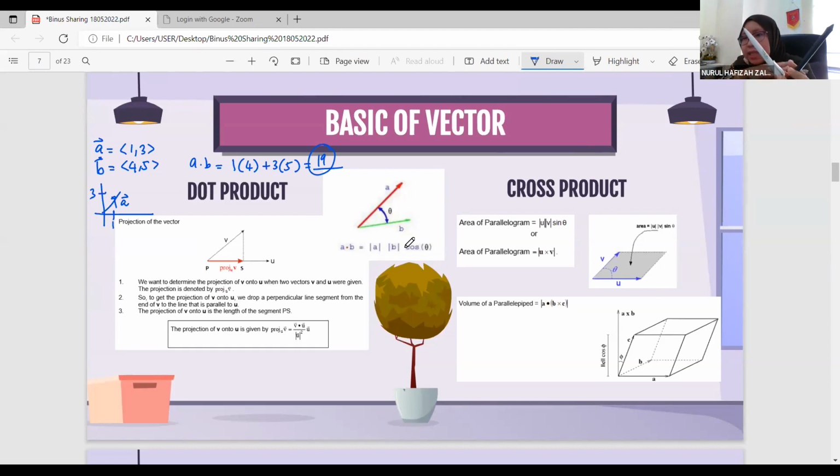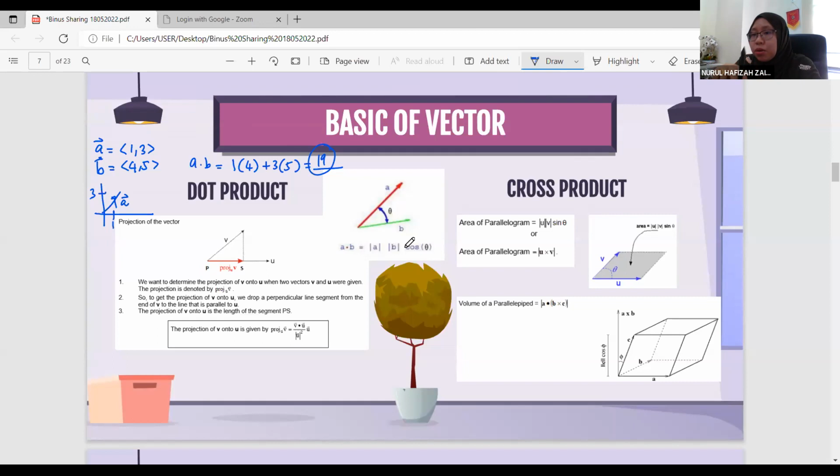Maybe you want to design something. If you do not know how to do the dot product, you may use a protractor, right? You just put a protractor here and find the angle.